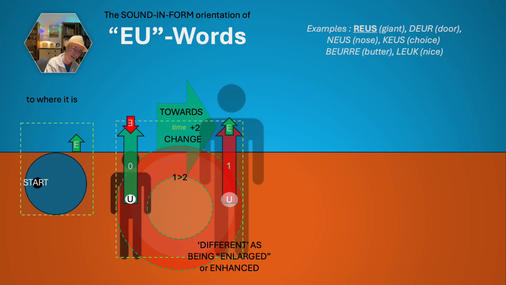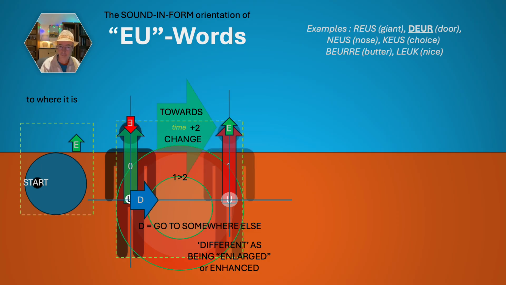I do not have that enlargement, but something else, somewhere else, has that enlargement. That's already in there. Even without explaining the R and the S, you can already understand from the sound that the spatial frame fits very well with that word, how we focus on what a giant is.